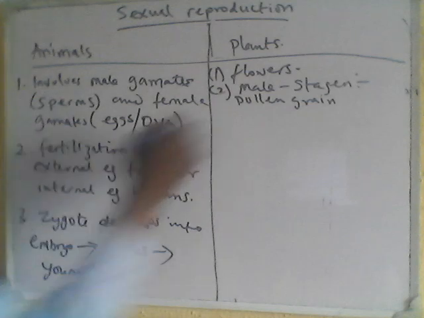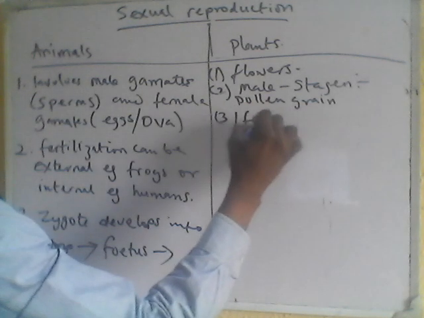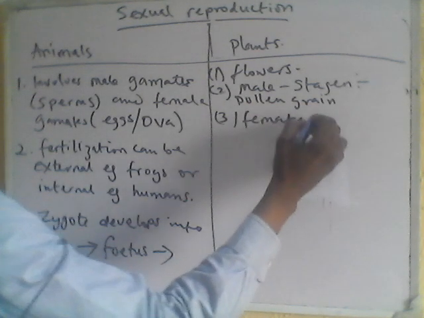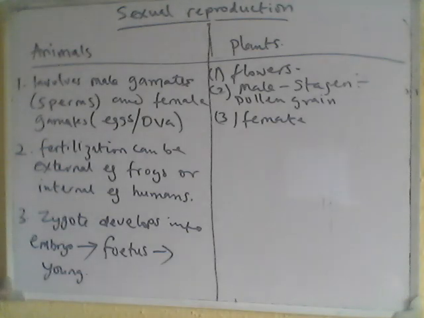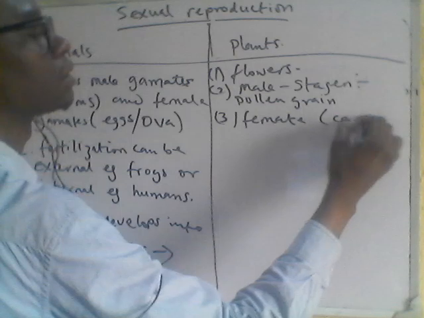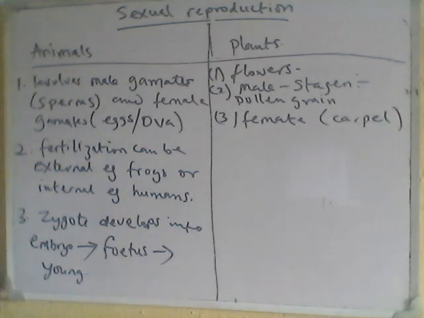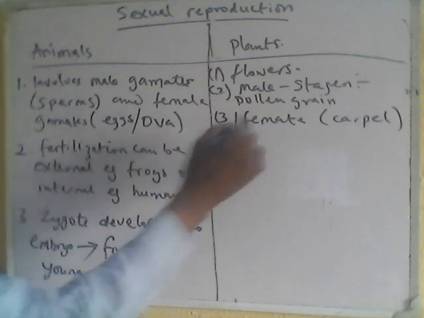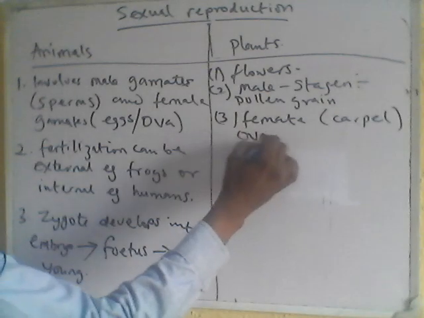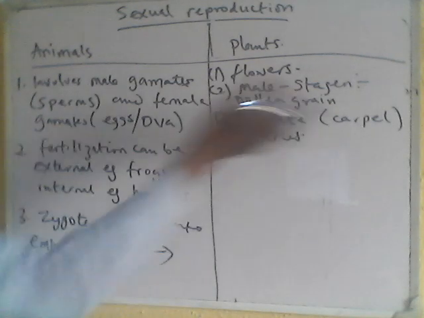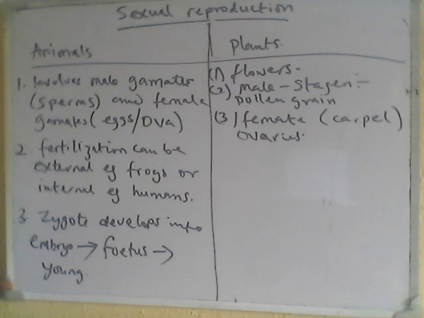So the female gamete for flowers is known as the carpel, and this has ovaries. So this is where the pollen grain is being received.